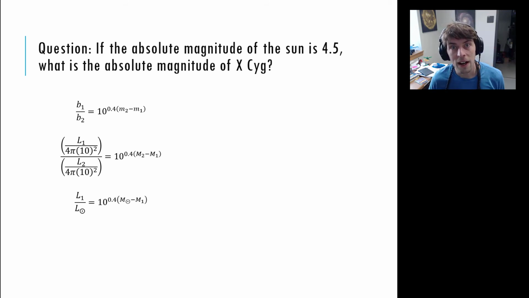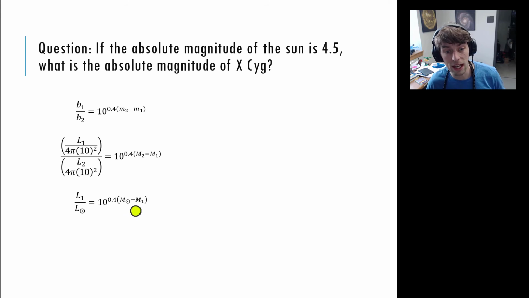So here, I've gotten rid of the 4 pi and 10 squared. I have the luminosity of one star, and I've substituted in the luminosity of the sun. If I've substituted in the luminosity of the sun, I better put in the absolute magnitude of the sun right here. Now we're good to go.